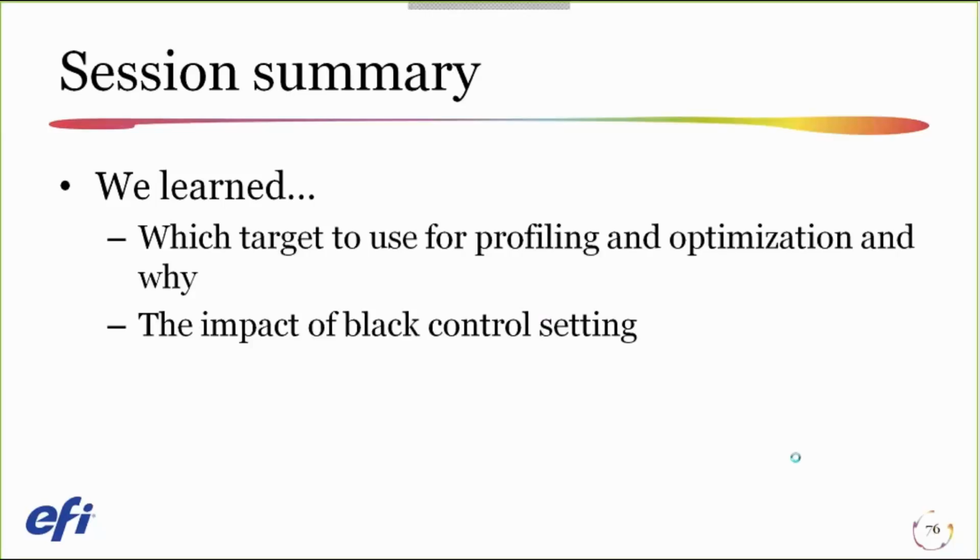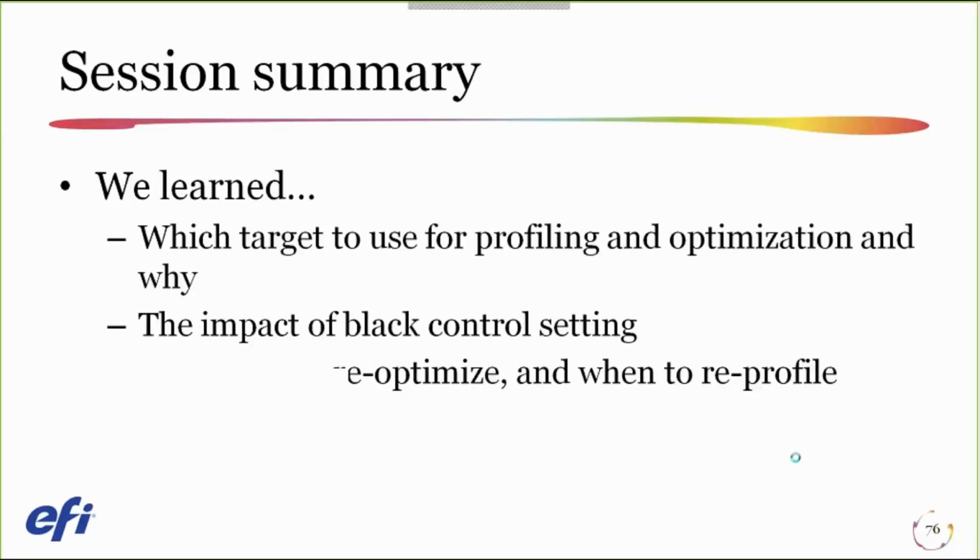Use the defaults, make a test print, then you can use the option to create a profile from a measurement, open up that profile, make some changes to it, try different variations, and see what works best for you for how it looks versus how much ink you're using. And finally, we learned how often to re-optimize and reprofile. So hopefully this is all very useful information for you, and you'll be off this afternoon building some nice, accurate custom profiles for your system.